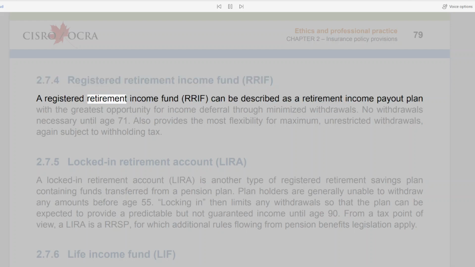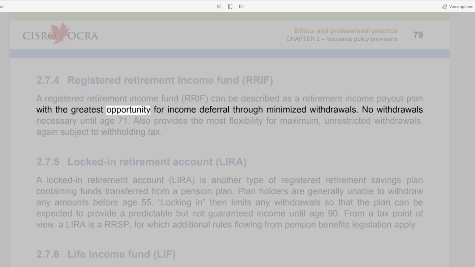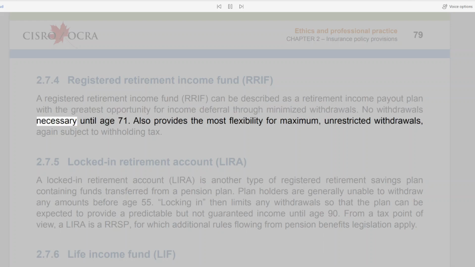A RRIF can be described as a retirement income payout plan with the greatest opportunity for income deferral through minimized withdrawals. No withdrawals are necessary until age 71. It also provides the most flexibility for maximum, unrestricted withdrawals, again subject to withholding tax.